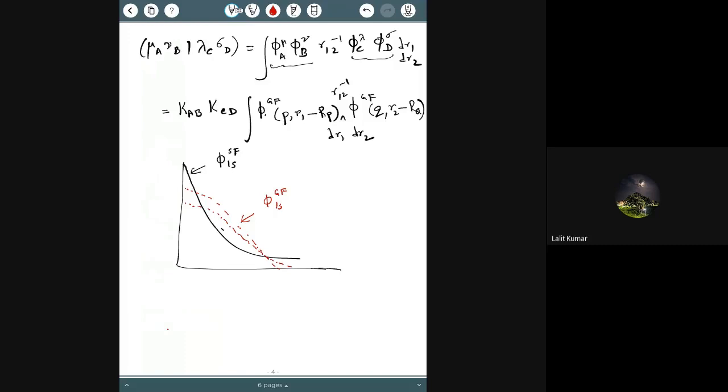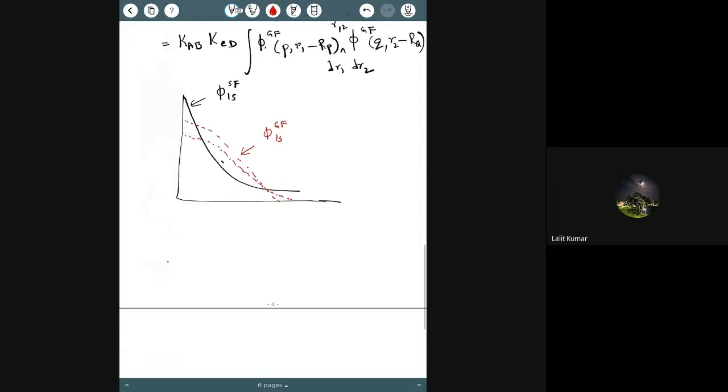So what is done is that you allow a Slater function to be described by a combination of Gaussian functions. Instead of one Gaussian function for one Slater function, we take many Gaussian functions for one Slater function.